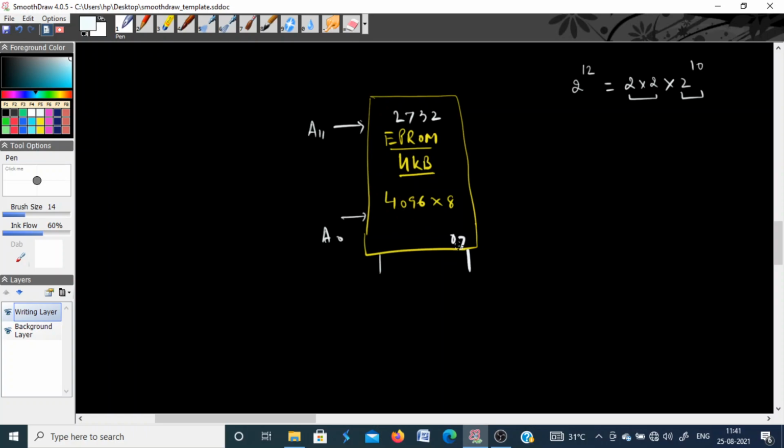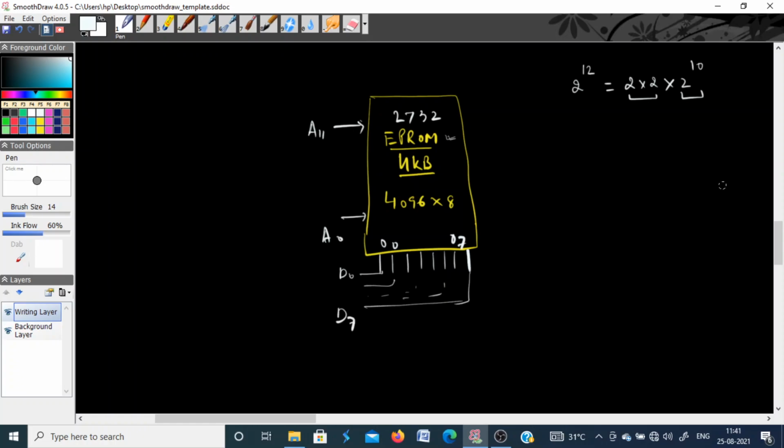So it is suppose O0 to O7. I'm talking about ROM, so it does not have any input lines. Okay, so you have only output lines here, which are connected to your data bus. Okay, so this is connected to your D0, this will be connected to your D7, and so on.